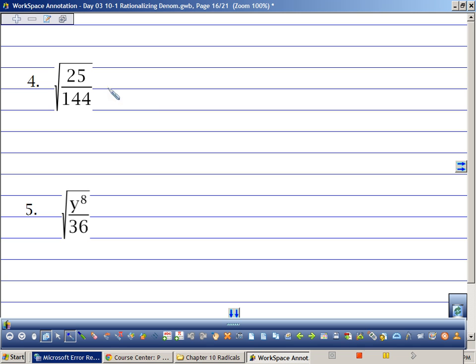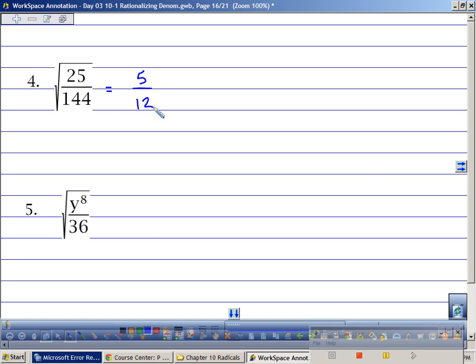So you should be able to do this pretty fast. 5 over 12. Good. Not y over 6. Let's map this one out a little bit. Let's count our squares in y to the 8th so we don't make any errors. y squared times what? y squared times what? y squared times what? y squared.